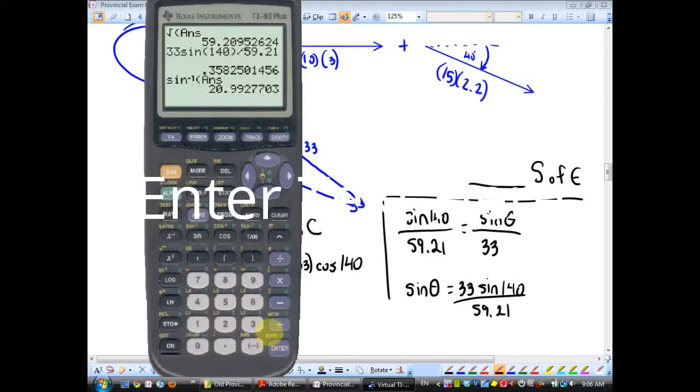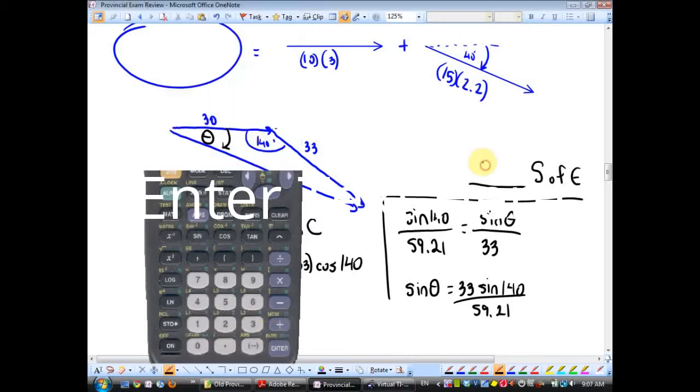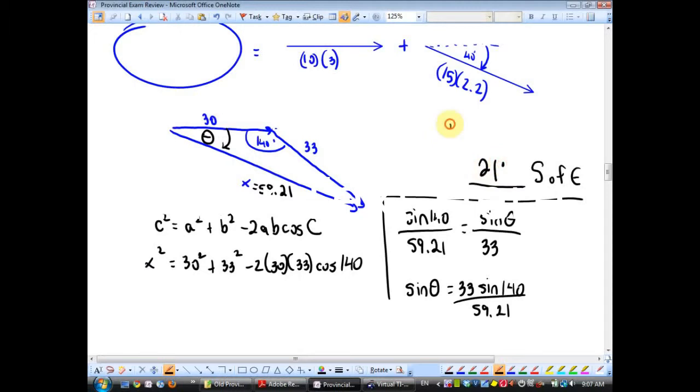And I get, oh, I bet you the answer is supposed to be, I bet you the answer they started out with to make this question up was exactly 21 degrees. Okay?